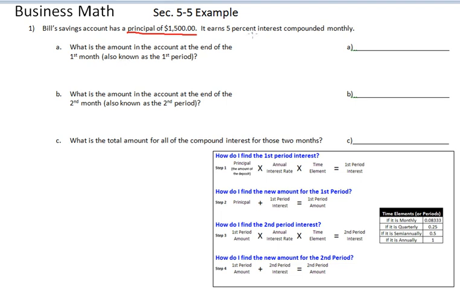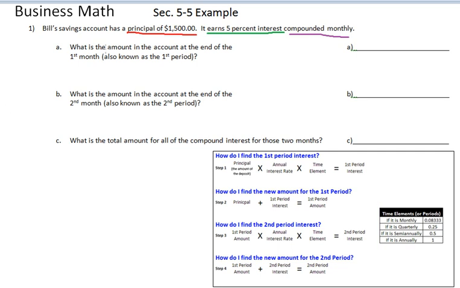That account earns 5% interest, and it's compounded monthly. This is very important, because we're going to use this box in a little bit. So please be aware of that as we're using these formulas.